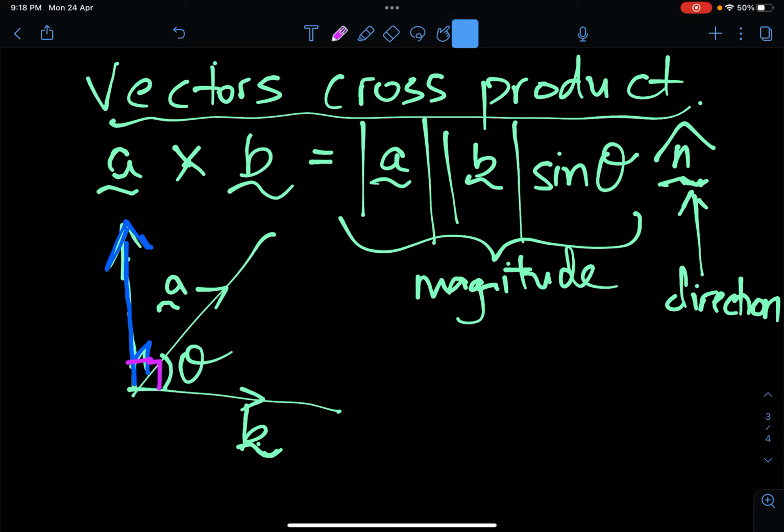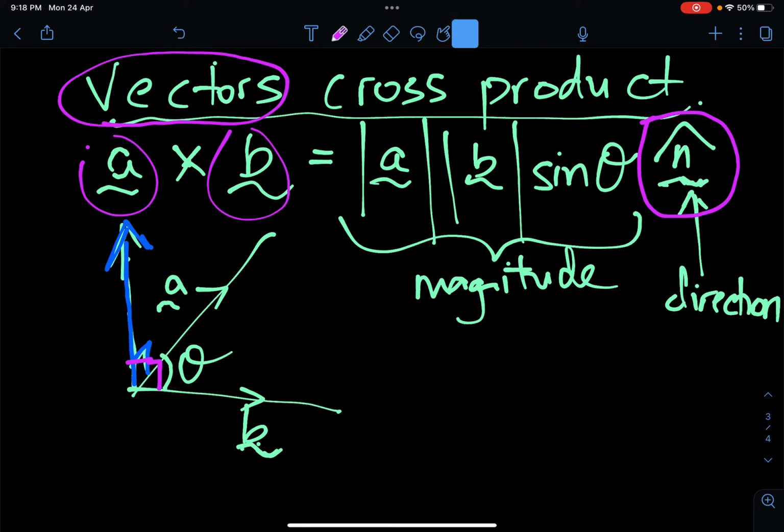So if vector A and vector B are on this screen, imagine the vectors A and B are on this screen, and when you cross A and B, the resultant vector n would be a vector that comes out of this screen or goes into the screen, because the resultant vector n is perpendicular to A and B. Remember, the cross product is called a vector product because the output has a direction, and the direction is perpendicular to the vectors that you're crossing.